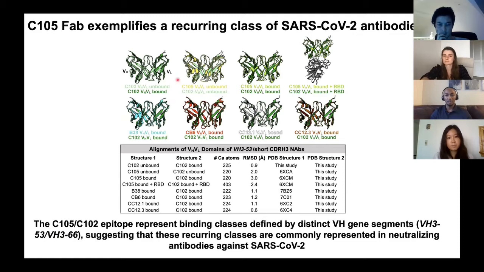So what you're seeing here is a superposition of our antibodies with antibodies taken from other patients and from other studies. And so it was really nice to see that we have a consensus of this type of targeting of the receptor-binding domain by this class of antibodies, recurring and found throughout many different individuals.